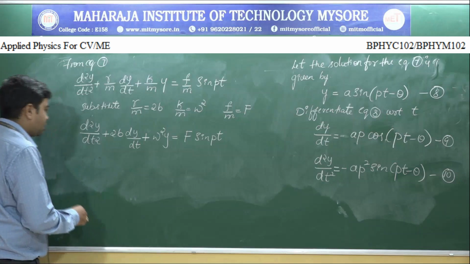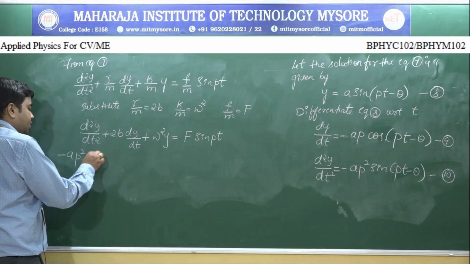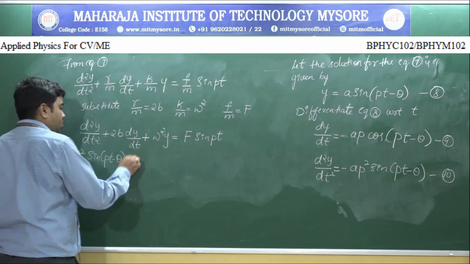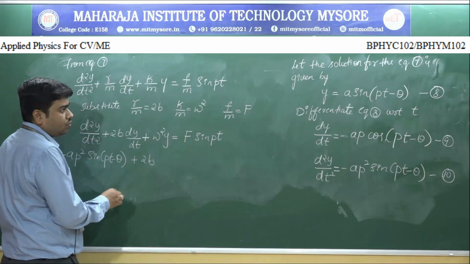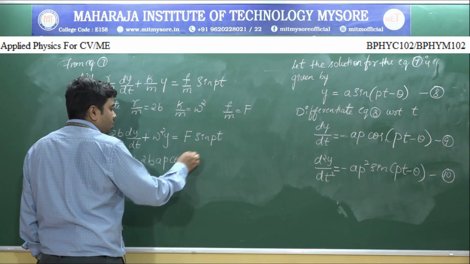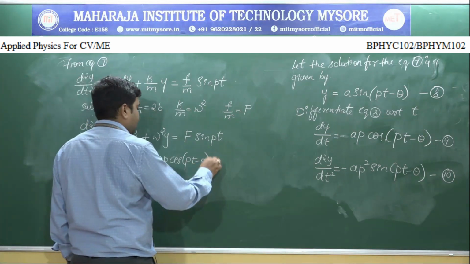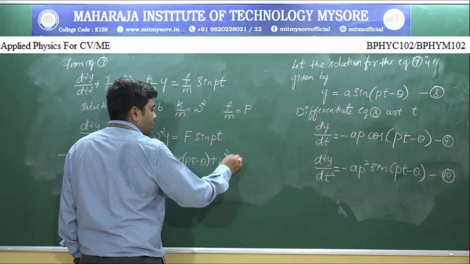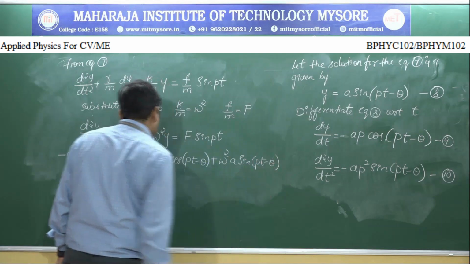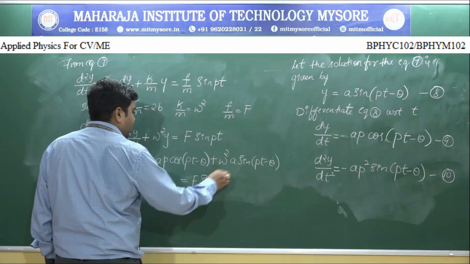So the differential equation becomes minus ap square sin(pt minus theta) plus 2b into ap cos(pt minus theta) plus omega square a sin(pt minus theta) is equal to F sin pt.